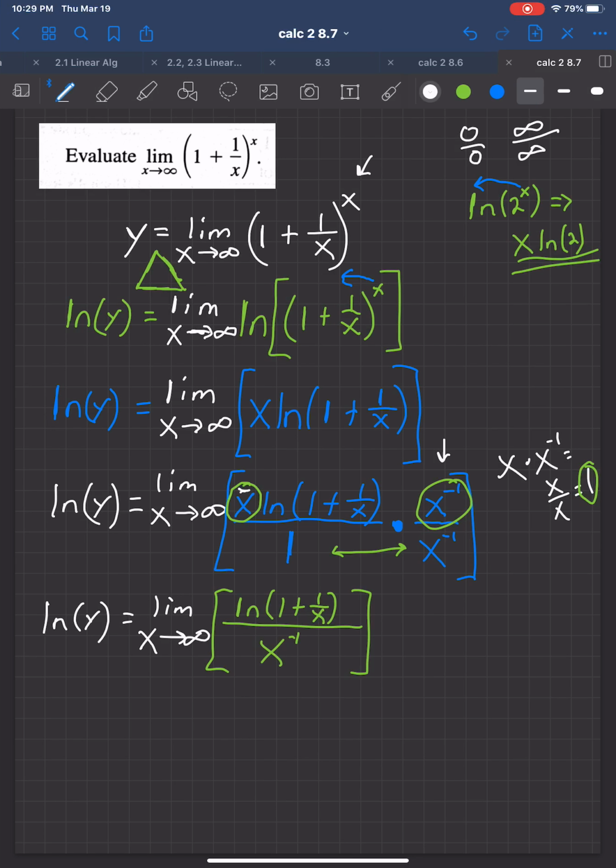And now I can start my L'Hopital's rule. As of right now, I'm going to go ahead and take my derivatives. So we can think about this as f prime equals, g prime equals. Let me rewrite what this is going to look like.